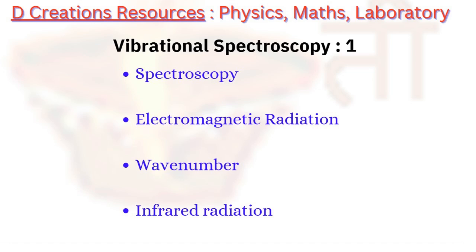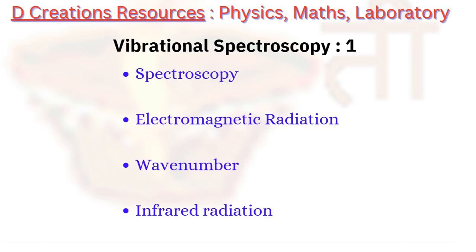And in that context, the energy of each photon is related to its frequency. E is equal to h nu, where h is Planck's constant. A very well known relation. This will also help us understand how high or low the energy of infrared radiation is compared to the other regions of the electromagnetic spectrum.